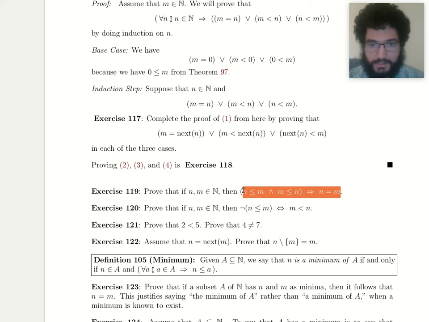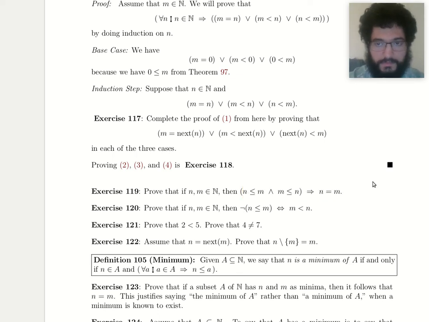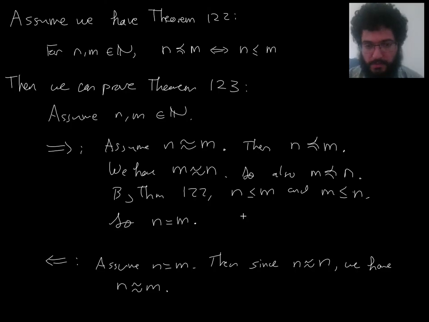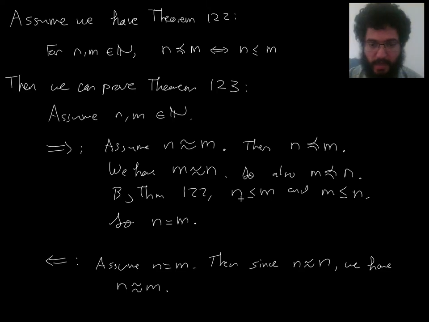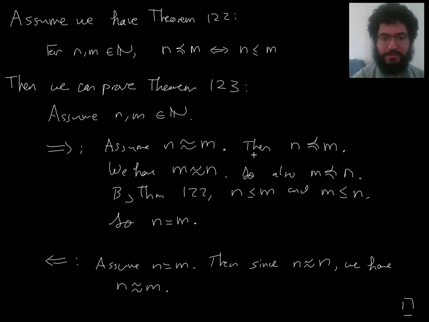This is called antisymmetry. So using the result from exercise 119, from n less than or equal to m and m less than or equal to n, we get n equals m. So that's it for proving theorem 123 using theorem 122.